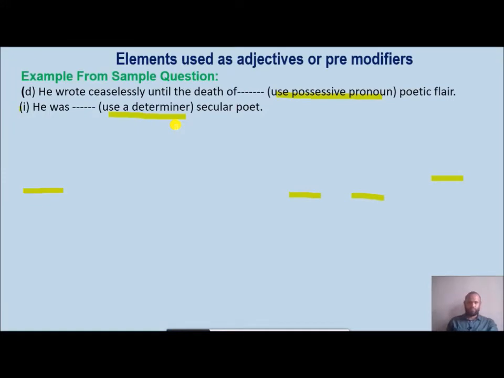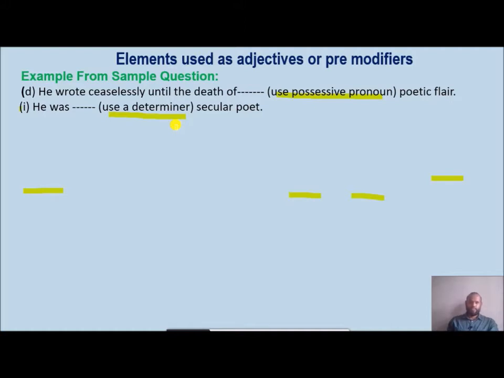Dear learners, we know in our previous lecture we have learned that all the modifiers function either as an adjective or adverb. So it is very important to know which elements are used as adjective, because whenever we go for solving the question of using modifier, we must use either an adjective or adverb.